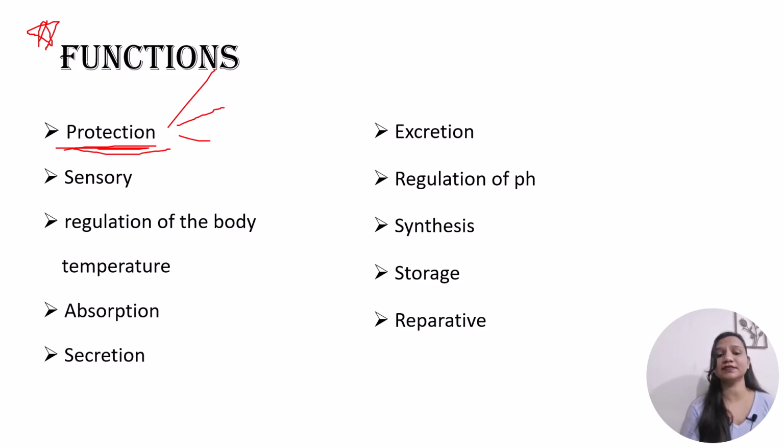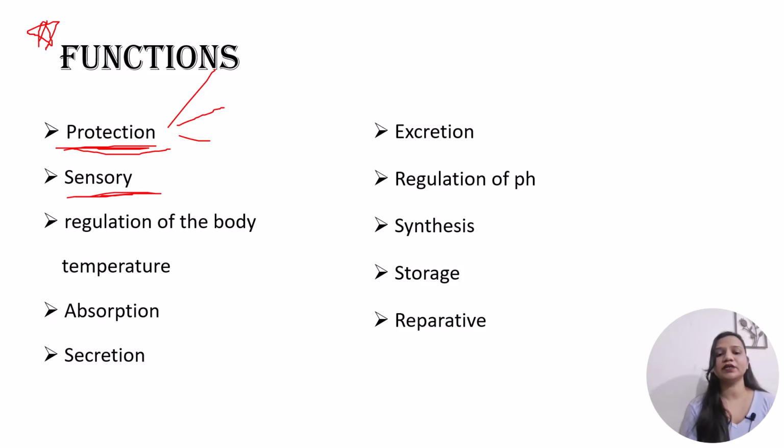The next function is the sensory function. The sensations of touch and pain are first received at the skin, and then the skin transmits them to the CNS for further interpretation. That's how the skin performs sensory function.